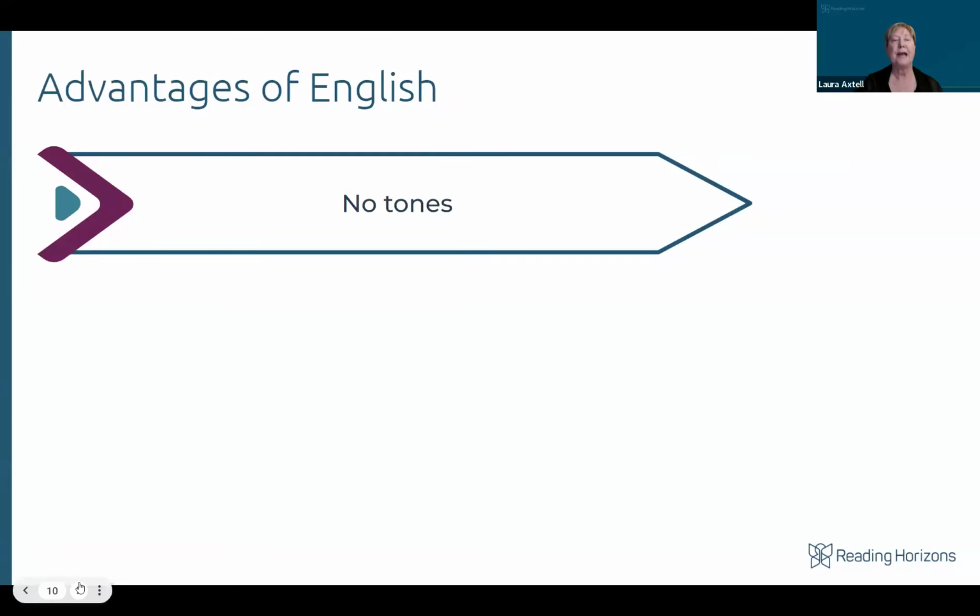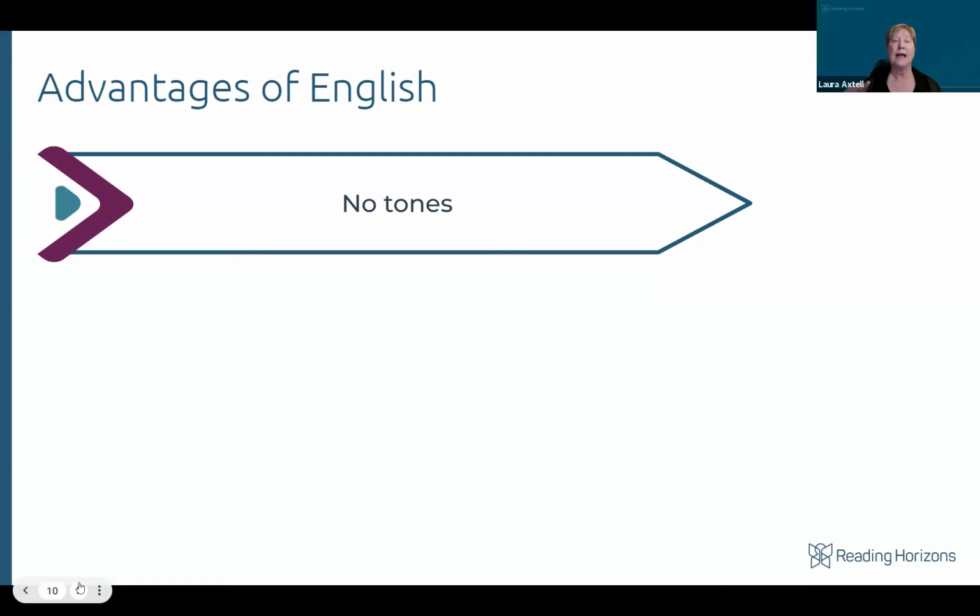But there are a couple of other advantages of English and teaching English that don't exist in other languages. One is that there are no tones in English. So if you've worked with students who come from Southeast Asia, for example, you know that many of those languages are tonal languages and have between 4 and 5 or even more tones. And tones are very, very hard for a non-speaker of that language to even discriminate, to hear.